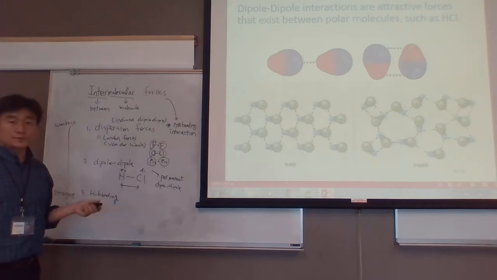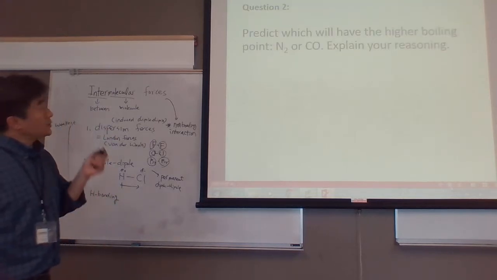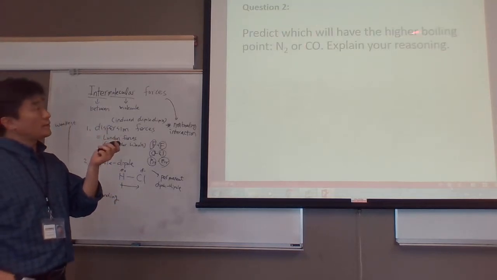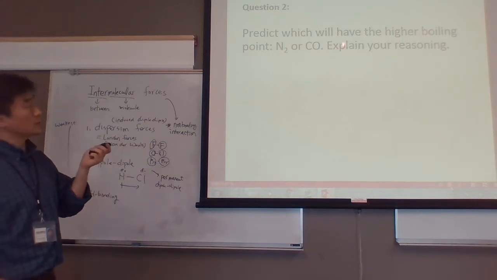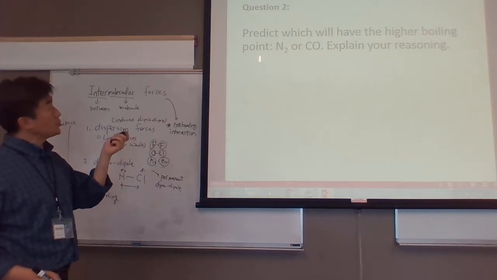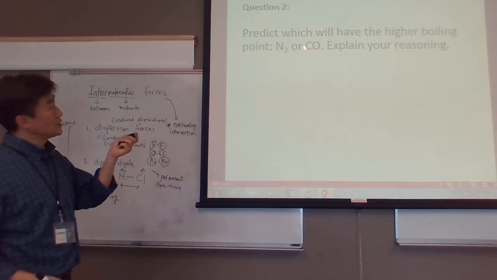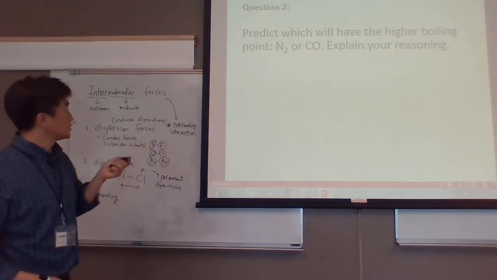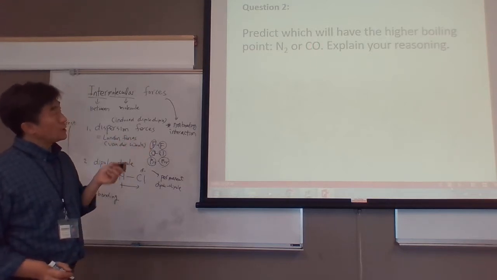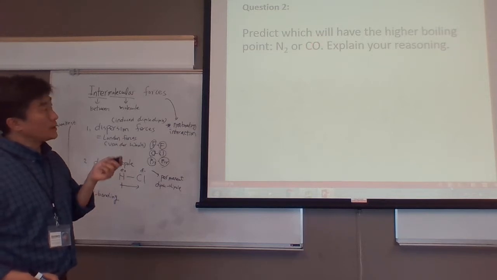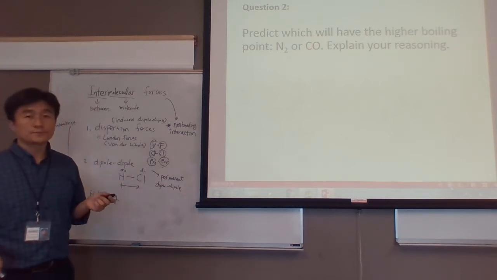So this is the difference. So you can predict which will have the highest boiling point, nitrogen or carbon dioxide. This is non-polar, this is polar. So this has a dipole moment. So we expect this molecule will have the higher boiling point.